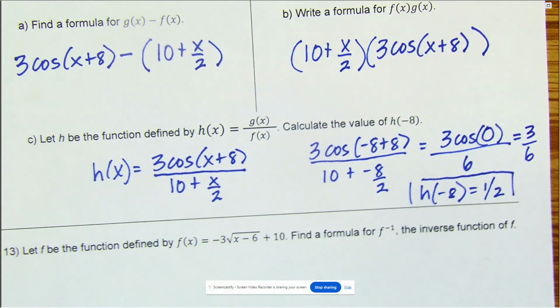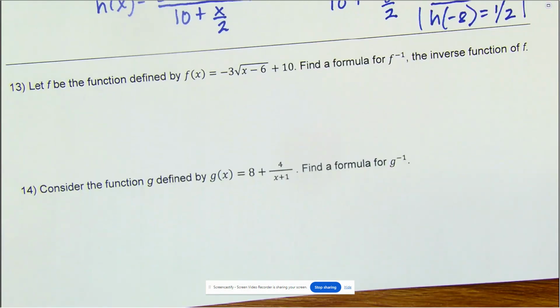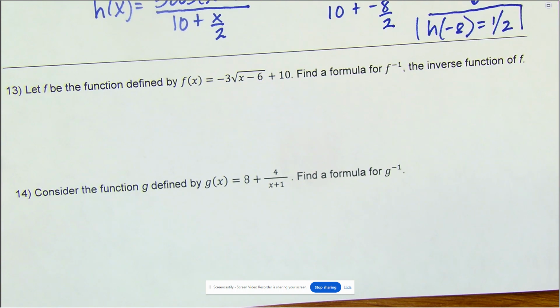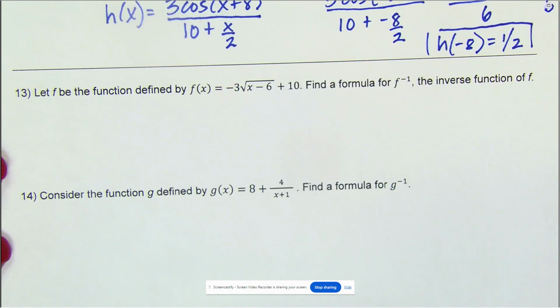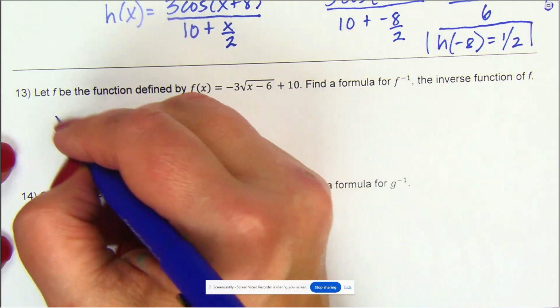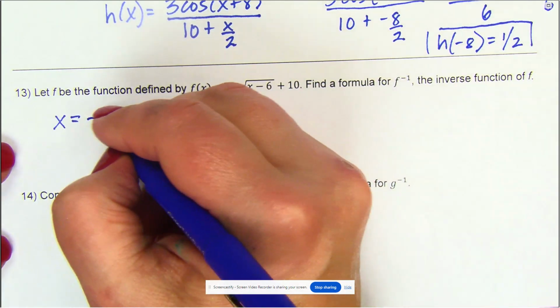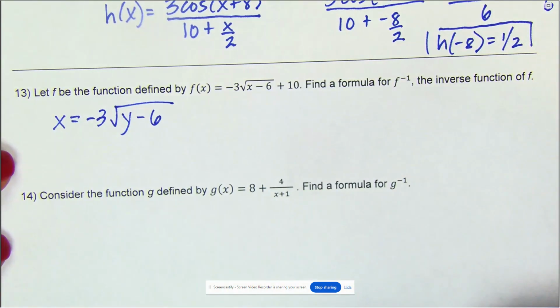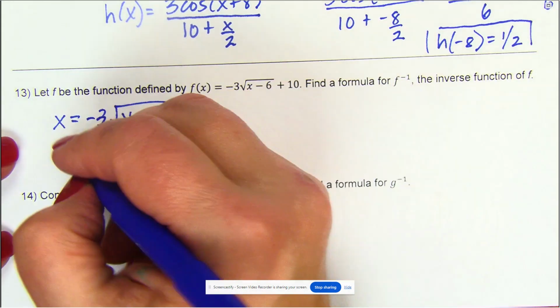All right, and then last one, finding inverses. Inverses, remember on the graphs, it's the reflection over the line y equals x. So the x and the y's are reversed. So that's our first step when we're solving. We switch x and y. Right now that says y equals, so it's now going to say x equals. And now I'm going to rearrange this to get y alone. So my first move is going to be to divide by the negative 3.